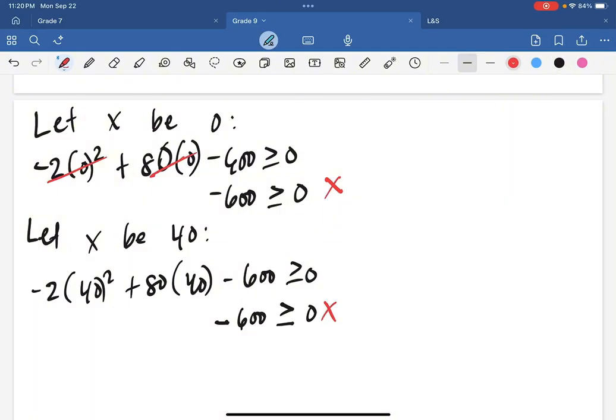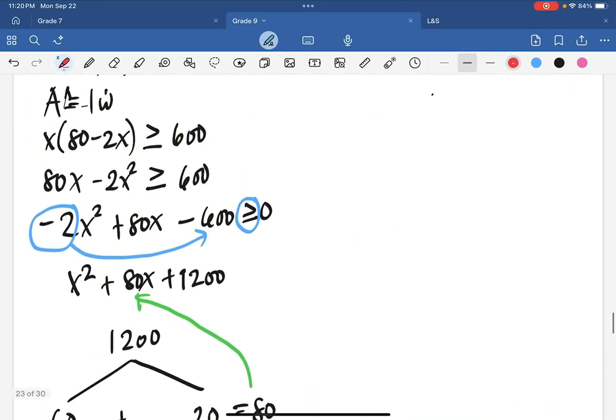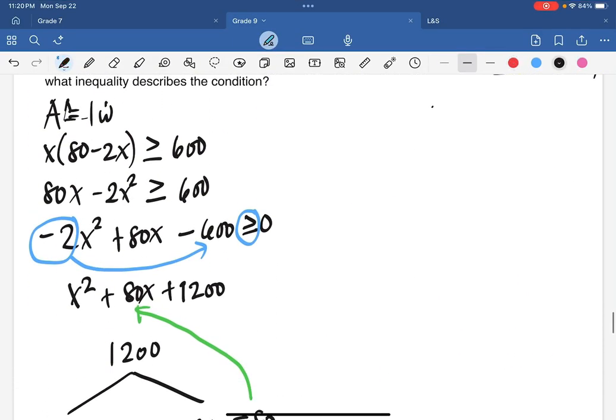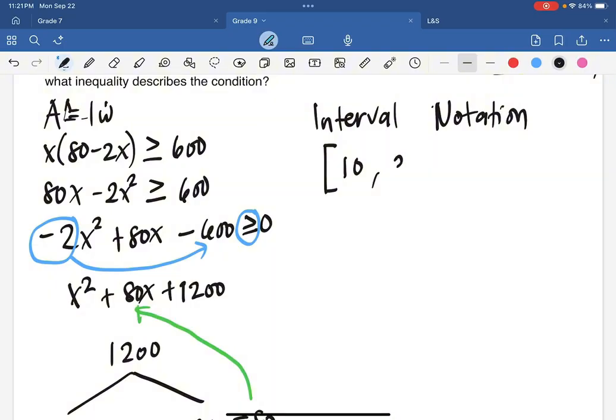So based on our findings from the checking, we could say that the interval notation is only exclusive to the numbers 10, including 10, going to the values up until 30, including 30.